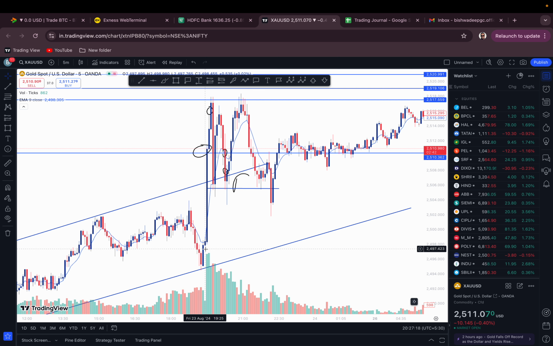I didn't exactly follow that news at that moment, but at that moment there was a huge spike in all the markets, whether it's gold, BTC, Ethereum, whatever market you name. There was a sudden spike in the market, and it reached this point, and again the market was correcting its positions.